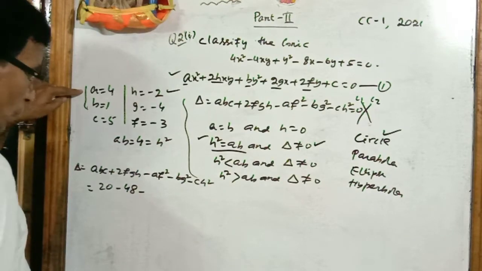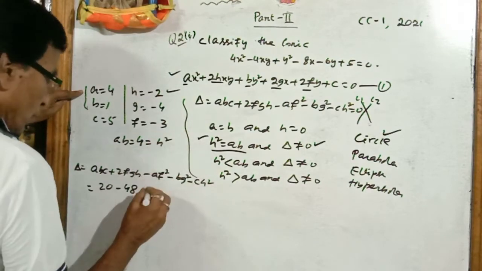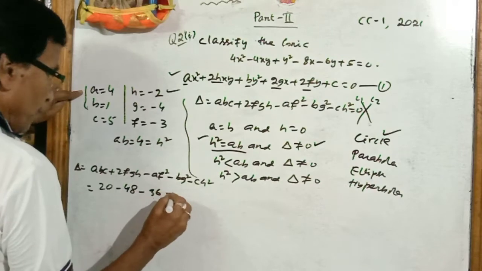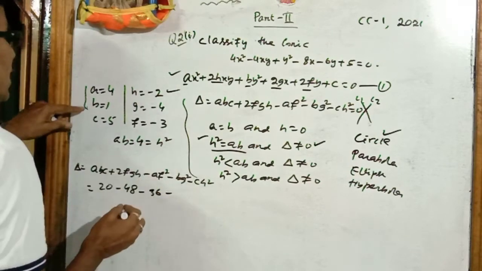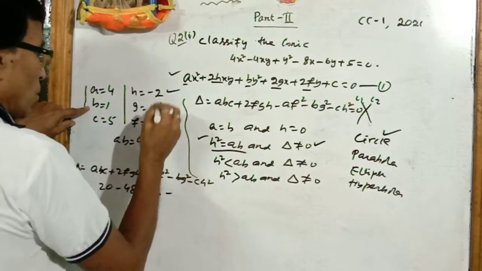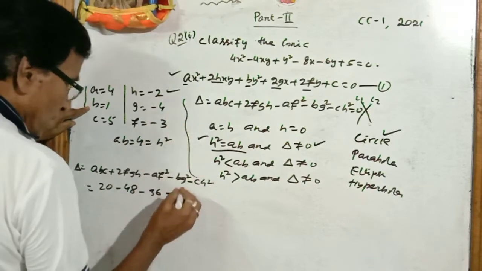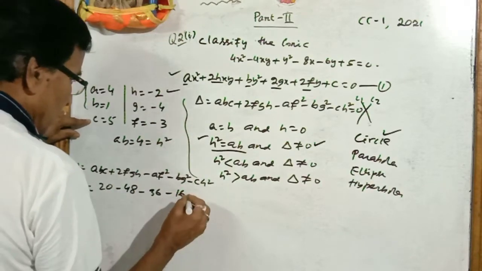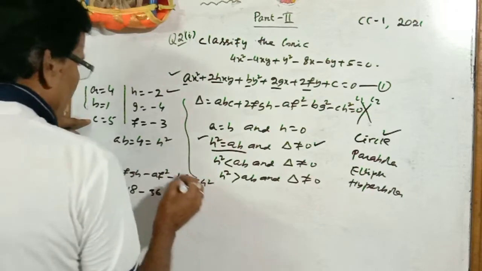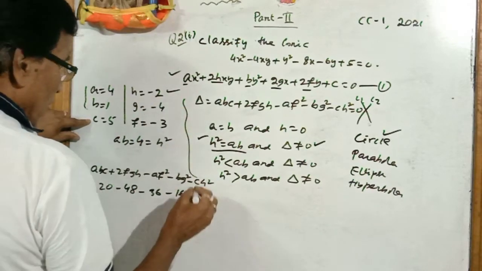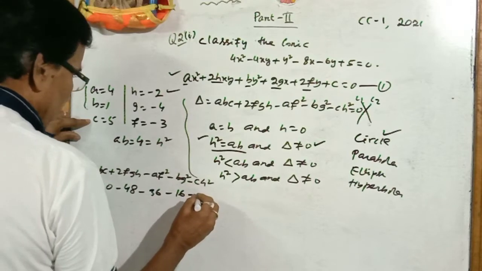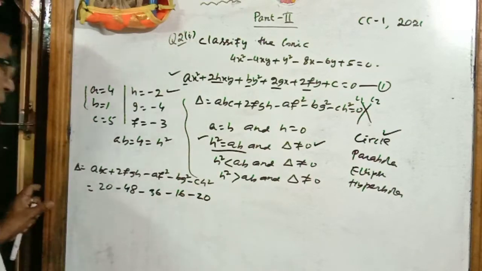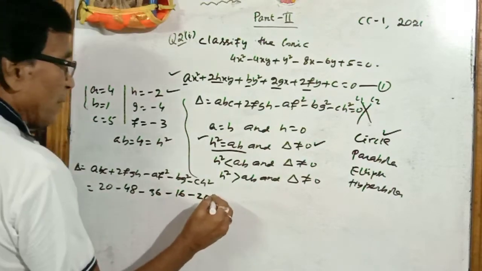F is minus 3, F square is 9, so minus 36, minus BG square. B is equal to 1 and G is equal to minus 4, G square means it is 16, so minus 16, minus CH square. C is 5 and H is minus 2, H square is 4, so minus 20. So here you see that this sum is never equal to 0.